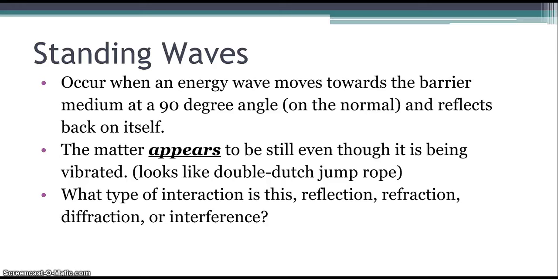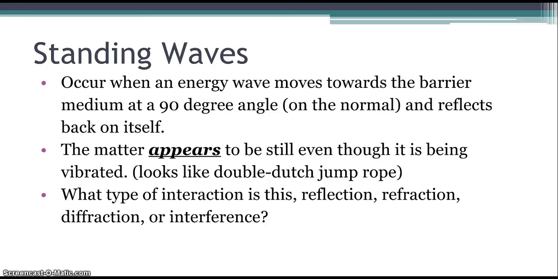What a standing wave is: when you have a barrier medium and you have an energy wave coming directly perpendicular, at a 90-degree angle, into the barrier medium. And what's going to happen is if it can't travel through that medium, or some of it can't travel through that medium, some of the energy will be bounced right back in the same direction. So it'll be flowing basically over itself as it's disturbing the matter.